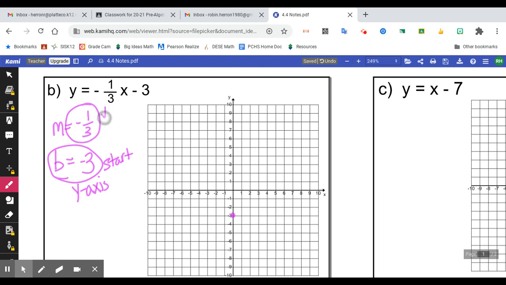This is negative, so I'm going to go down 1, right 3 from this point. So down 1, right 1, 2, 3. Put a point. Let's repeat. Down 1, right 1, 2, 3. Put a point. Repeat. Down 1, right 1, 2, 3. Put a point.